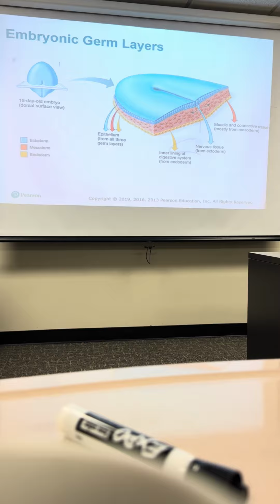Now your epithelium is generated from all three germ layers or embryonic layers: ectoderm, mesoderm, endoderm. Your digestive system is generated from the endoderm, nervous tissue from the ectoderm, and muscle and connective tissue from the mesoderm. Okay?